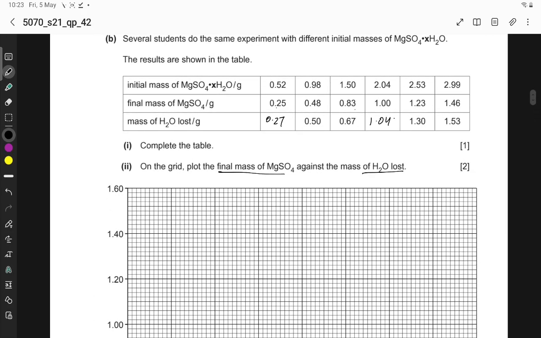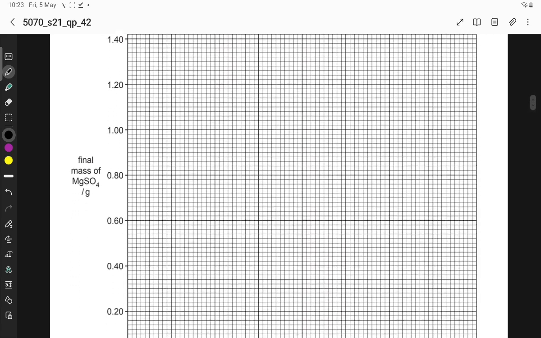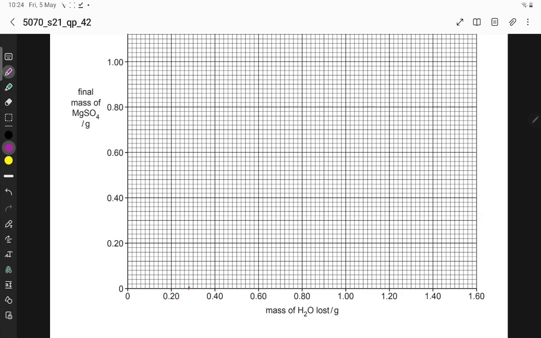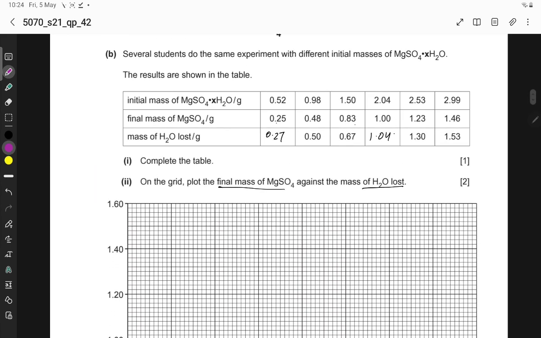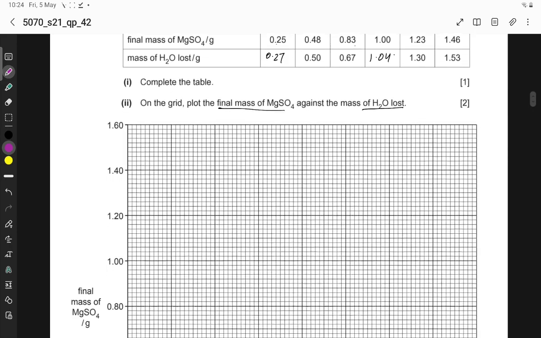So the first mass is 0. Water lost is 0.27 and the final mass of magnesium sulfate is 0.25.